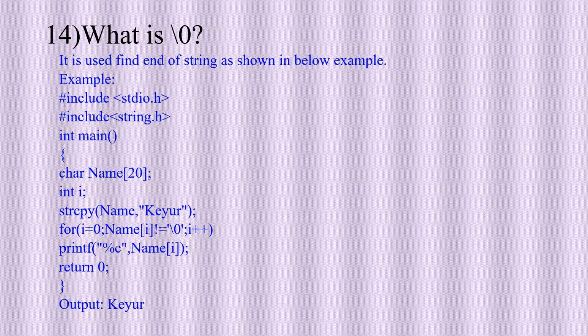So the condition will be true, you will come out, and your program execution will stop. This is how the slash 0 escape sequence is used to find the end of the string, or the end of the character array.